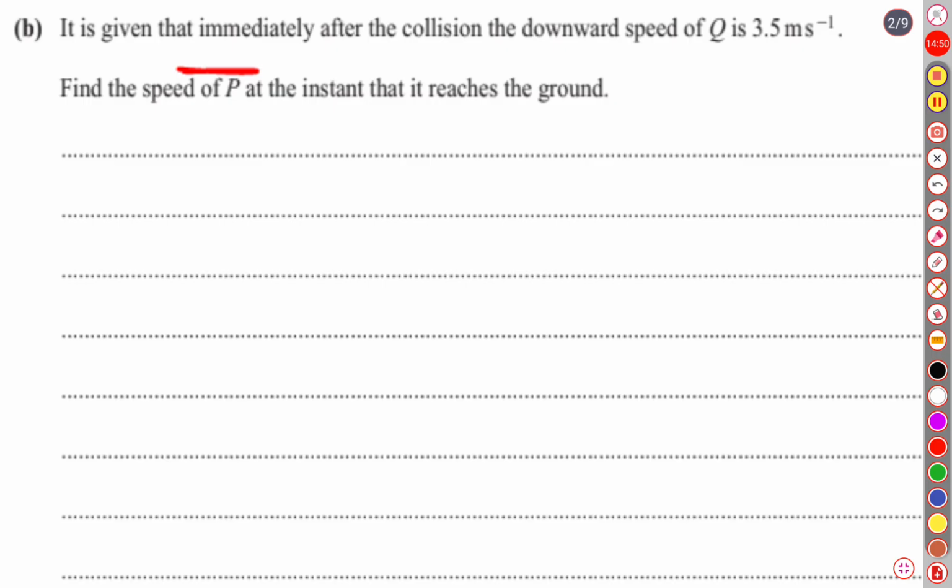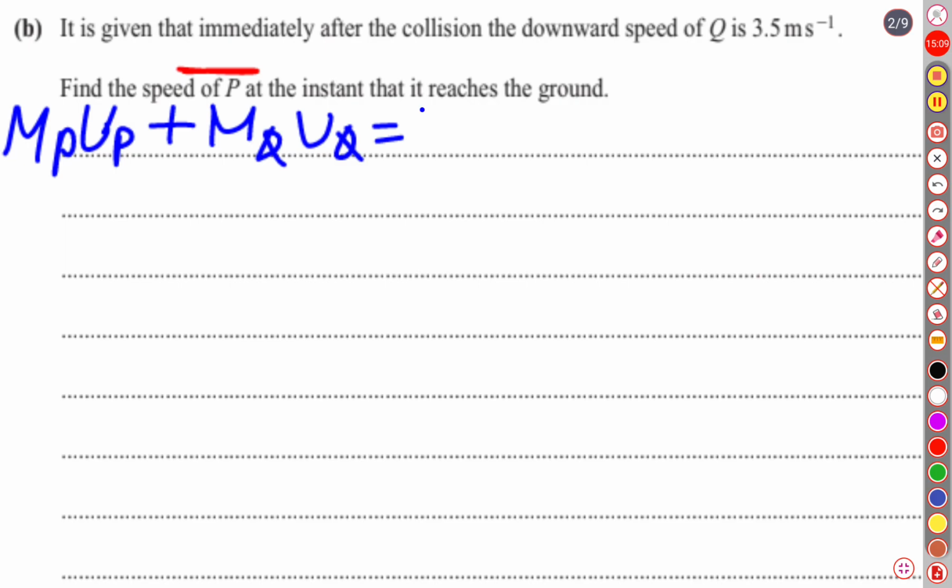So we are going to apply conservation of momentum: mp into initial velocity of p plus mq uq, initial velocity of q, equal to mass of particle p into final velocity, that means velocity after collision of p, plus mass of particle q into velocity after the collision of q.